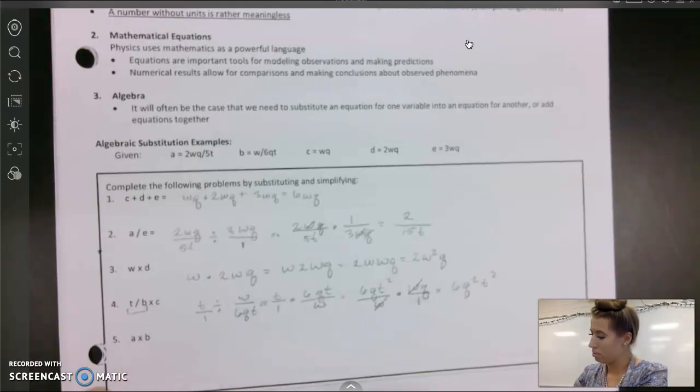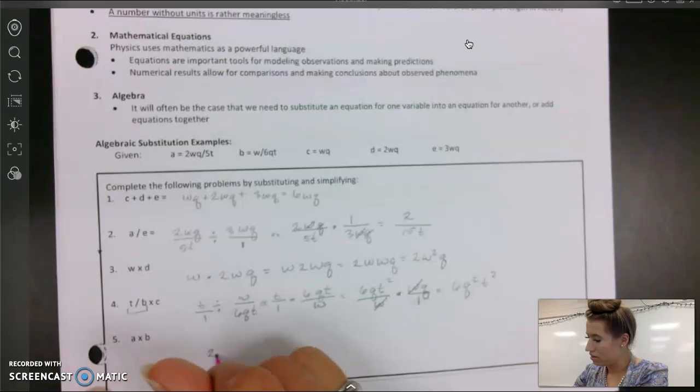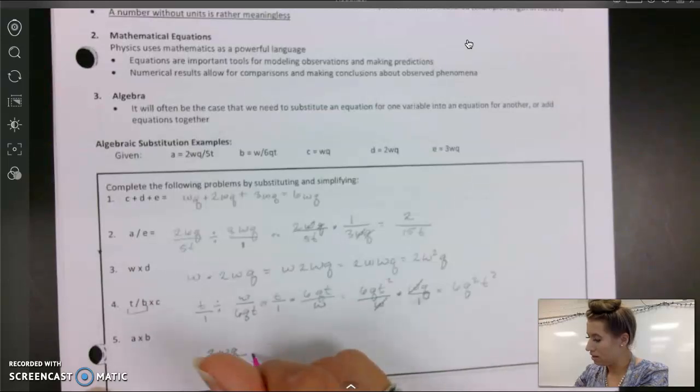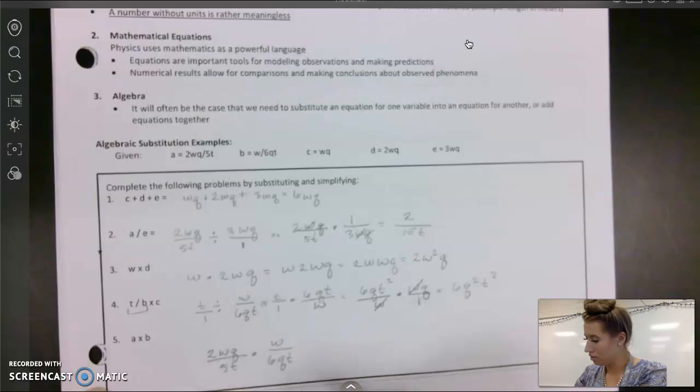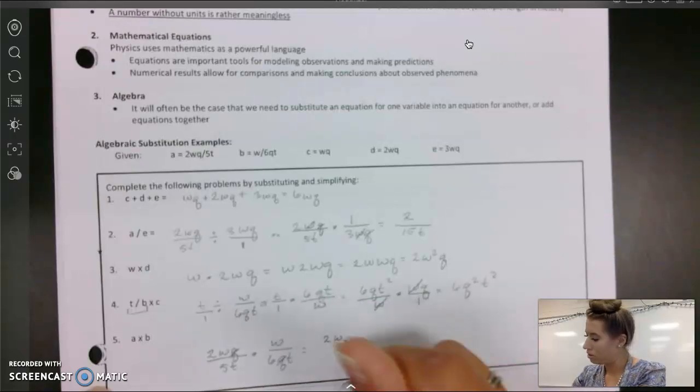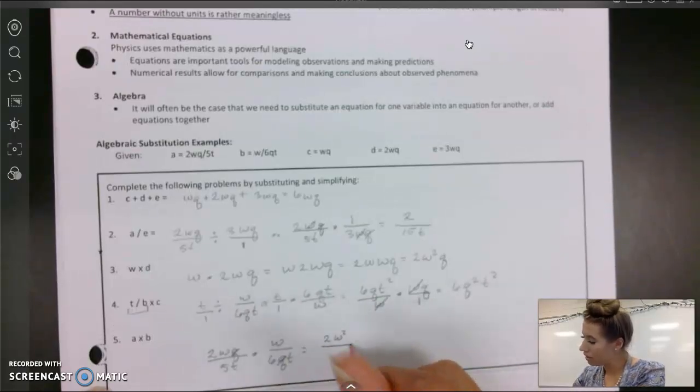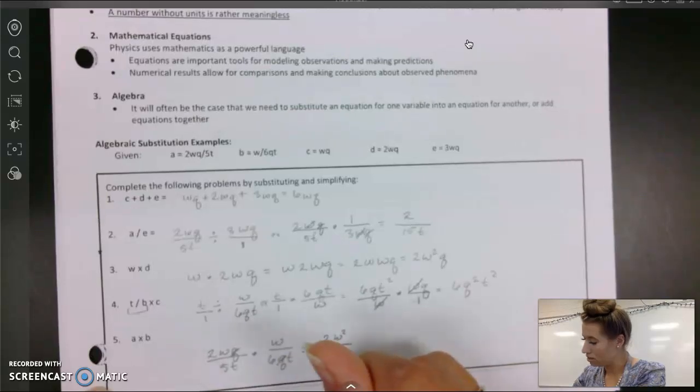Okay, last one. A multiplied by B. So our A value is 2WQ divided by 5T, and I'm going to multiply that by B, which is W over 6QT. Let's see what cancels here. We have Q, and that's it. So on the top of my fraction, 2 times W, or W squared, divided by 5 times 6, so 30T squared.